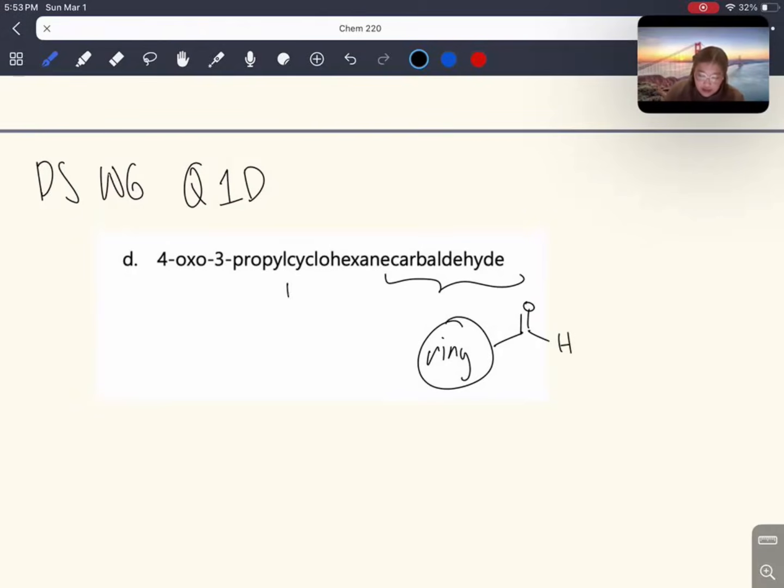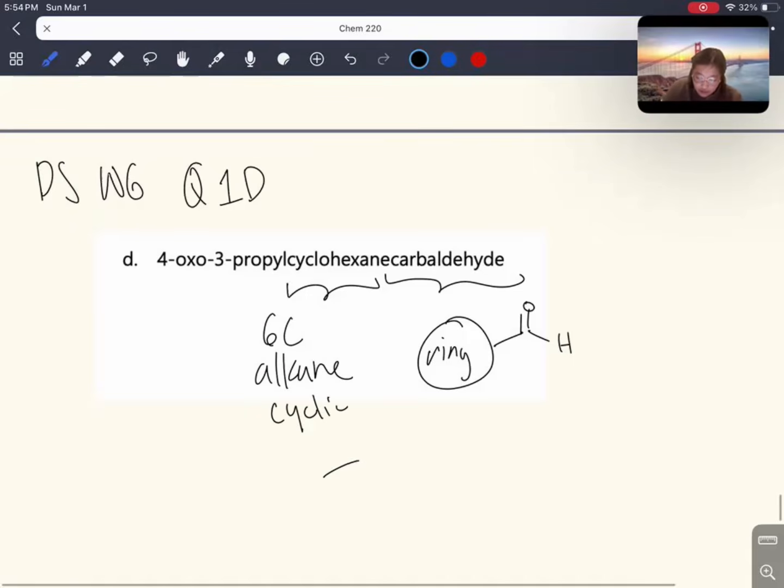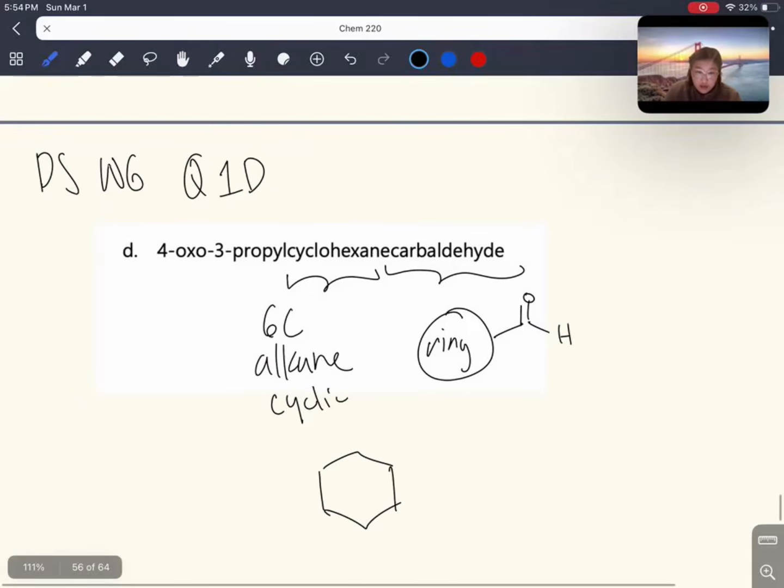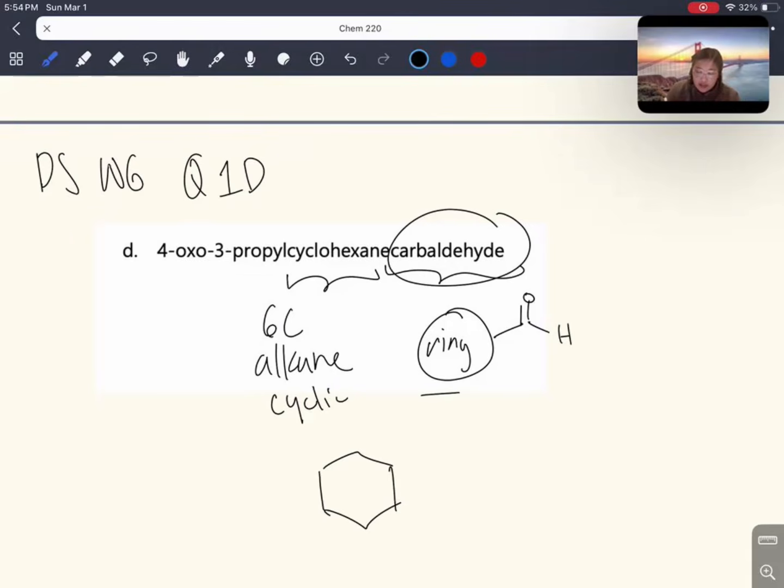Cyclohexane: the prefix hex means six, ane is an alkane, so we have 6 carbons, it's an alkane, and it's cyclic. So I'm going to draw out 6 carbons in a cyclic form, all single bonds. And combining it with the carbaldehyde, I'm going to draw an aldehyde group attached to the ring.